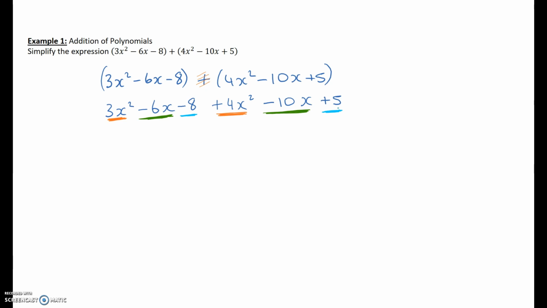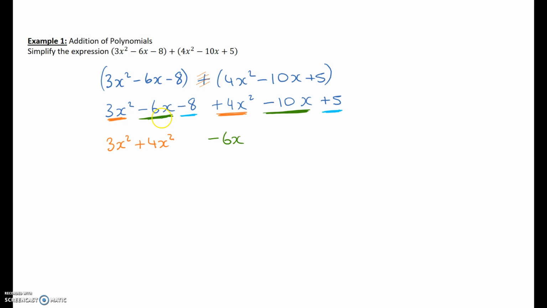Okay, so if we do it that way, then let's put the x squared terms together, and that gives you 3x squared plus 4x squared. Now those are the x squared terms. The x terms, that's negative 6x, and remember, when we're putting pieces together, you have to include the sign in front of each term.